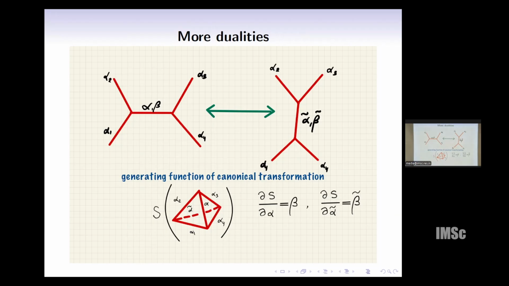The naive guess would be that it should be the volume, but it turns out not to be the case. It will be the volume in the hyperbolic case or in the spherical case, but in the Euclidean case, it's an interesting invariant which you can associate to the tetrahedron.